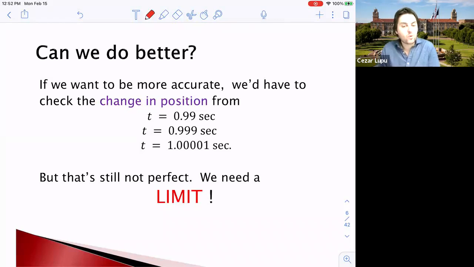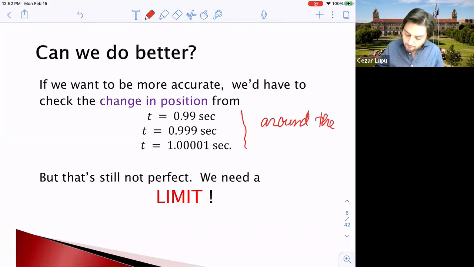So everything will be around 1. So this is around the point t equals 1, you see? I'm taking all these values, which are less than 1, also greater than 1. So I'm looking at the values from both sides, from the left and from the right, of 1.